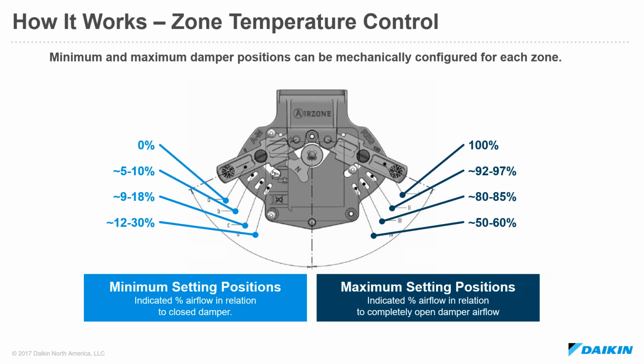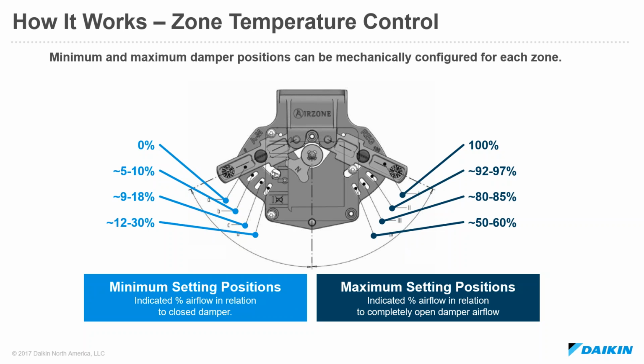So just be aware, if for some reason you want to always have some air circulation to a zone, we can use this minimum adjustment to get an approximate CFM percentage out of this outlet by limiting the minimum position. And similarly, we can limit capacity and airflow if we adjust the maximum damper position as well.